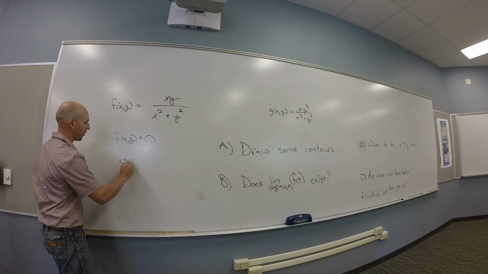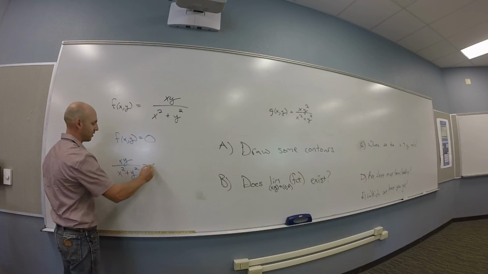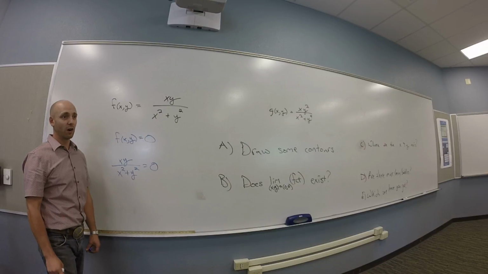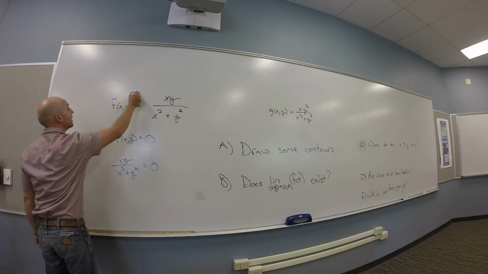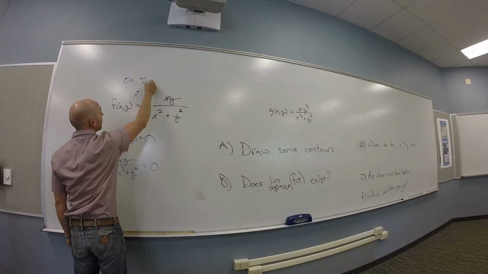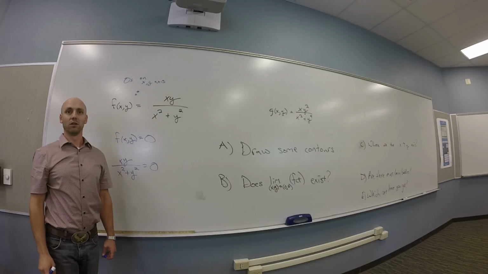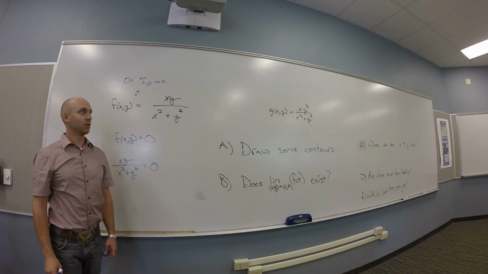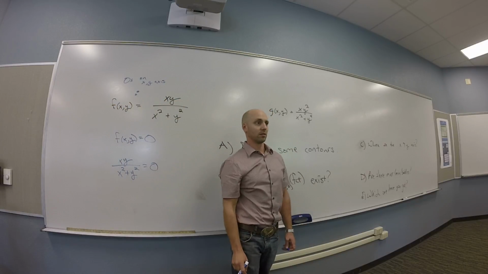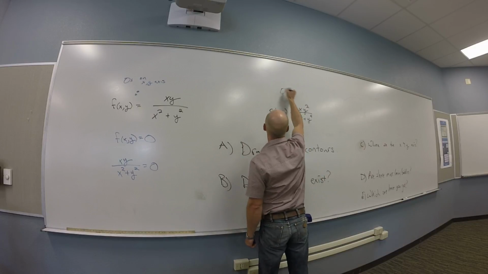Yeah, so you got xy over x squared plus y squared is 0. So either x or y is 0. So this thing has zeros on the x and y axis. Cool? Okay, how about this guy, g? If I set g equal to 0, what am I going to get? Same thing. Crap, I can't use that to tell these apart.